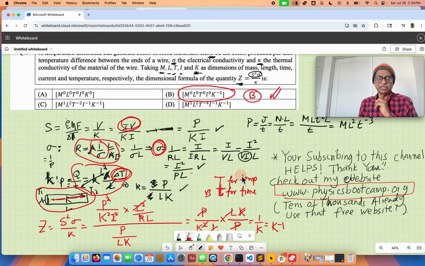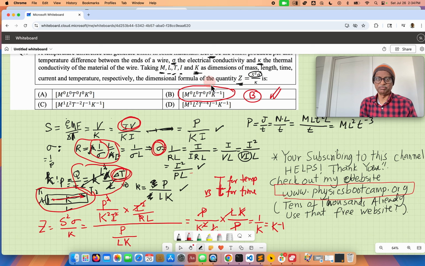Other than that, this is a pretty straightforward question, and you should get it, because I think when you prepare for this test, you prepare for, you know, dimensional analysis. Lots of times they ask dimensional analysis, so you should practice other things similar to that.